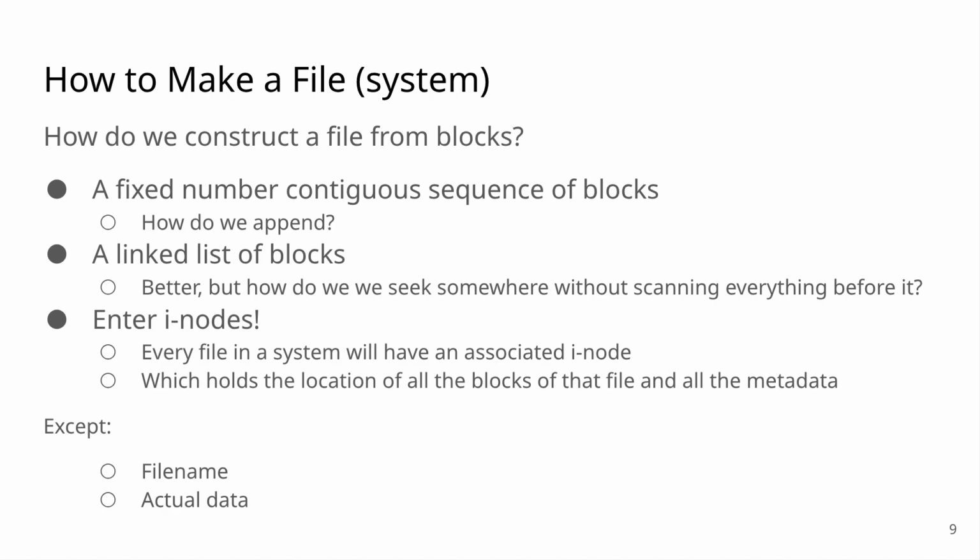If I want to go to the middle of the file, I go to the middle block of that list, which is approximately the middle of the file. And I can also keep other metadata in that inode, like the file owner or the permissions of the file.